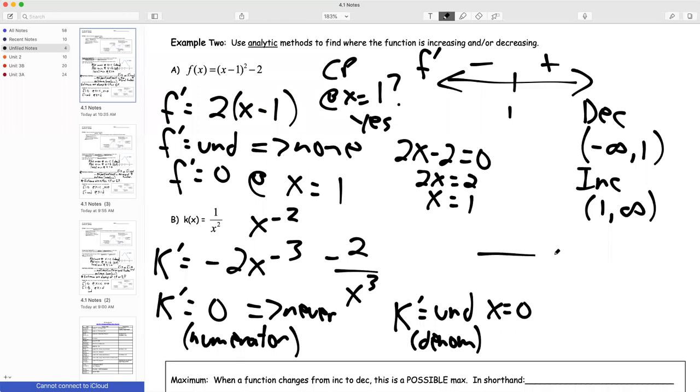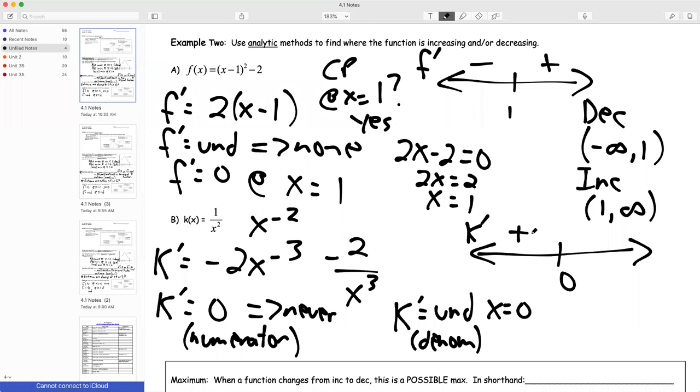Now I'm going to go to my sign chart. And I'm plugging into k prime. You're plugging into the derivative. So I'm going to pick a point on the left side of 0. Let's say negative 1. If I plug in negative 1, I get negative 1 cubed, which is negative 1. Negative 2 divided by negative 1 is positive 2. So this is positive.